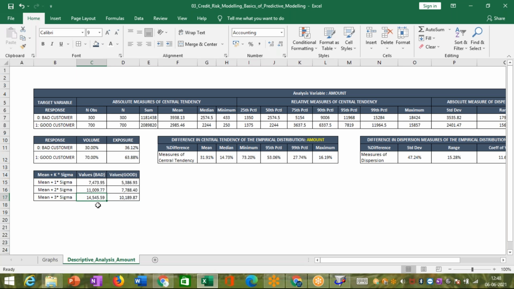This is how we generally look into the basic distribution. This is what we call the level 1 descriptive analysis of the distribution.